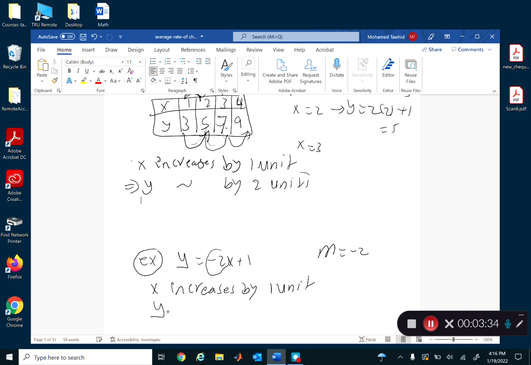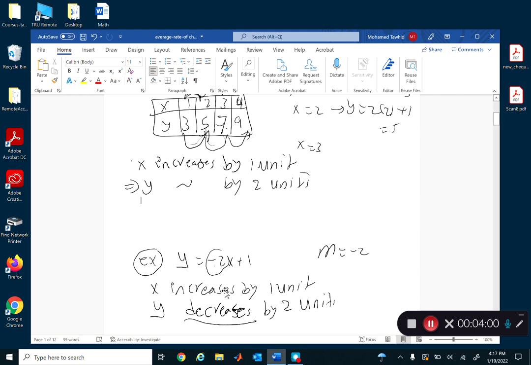Your y will decrease, going down by how many units? Whatever the slope is, here negative 2, which means 2 units. So the negative sign means it's decreasing, going down. If it's positive, it will increase. Your x keeps increasing by 1 unit, but your y is going to decrease by 2 units.